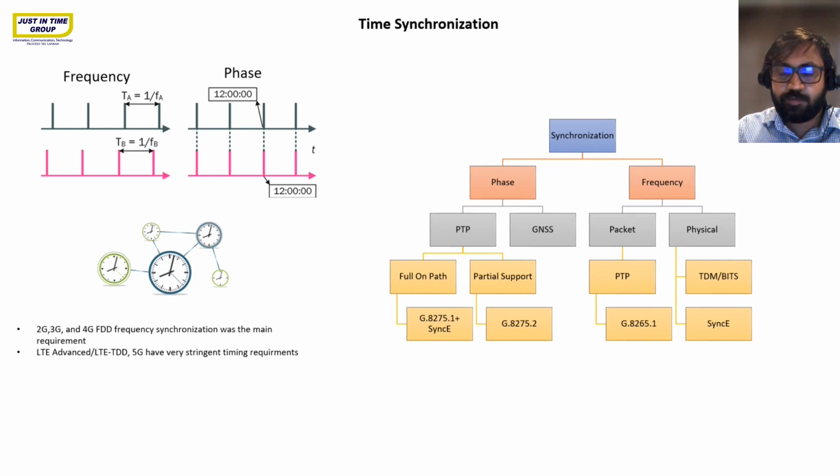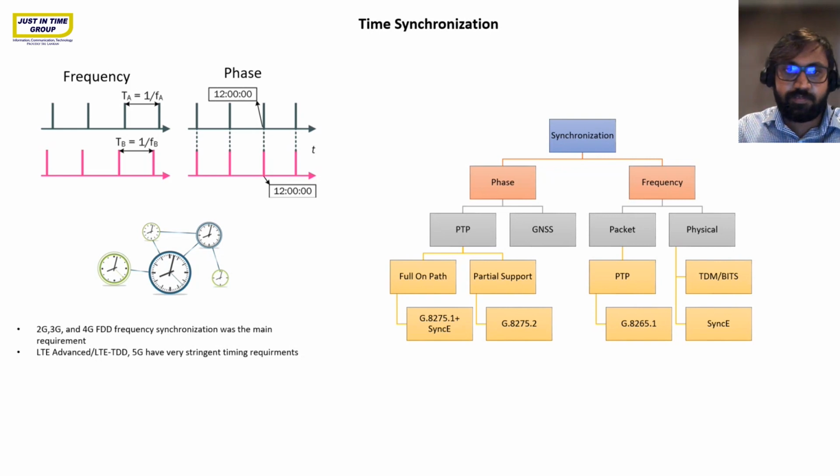I think in 2019 there's another new release, PTP 2.1. And then you can also use GNSS to distribute phase information. And from the frequency side, you can also use PTP, and you can use SyncE, which is a physical layer technology, to distribute frequency.